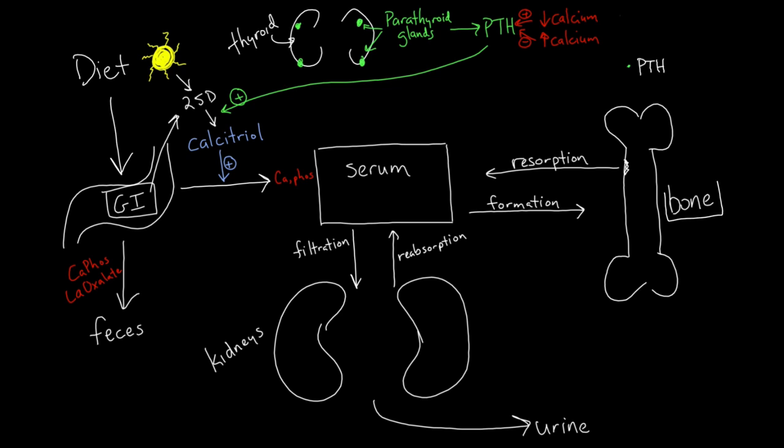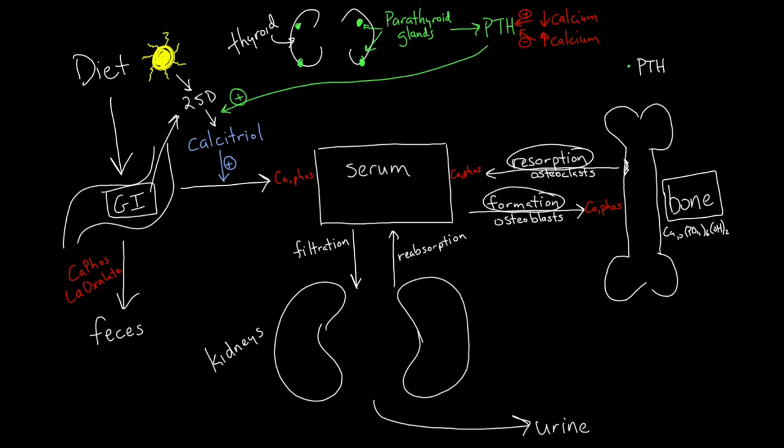Recall from other videos that most of the body's calcium and phosphate exist in bone as hydroxyapatite. Think of the bone, then, as a reservoir to maintain a normal plasma calcium concentration. Recall the function of osteoblasts, which utilize calcium and phosphorus to build bone in the process called formation, and osteoclasts, the cells of resorption, which destroy bone and create calcium.